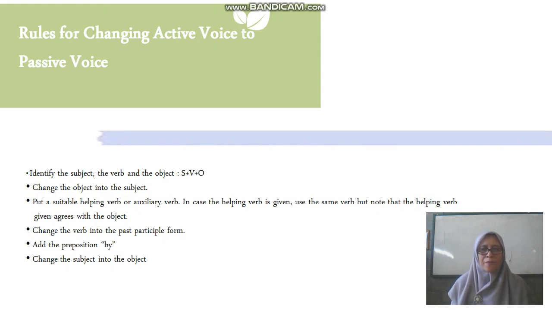Then put a suitable helping verb or auxiliary verb, it means the to be. And then change the verb into the past participle form. After that, if the subject is known, you can add by before the subject, and change the subject into the object.